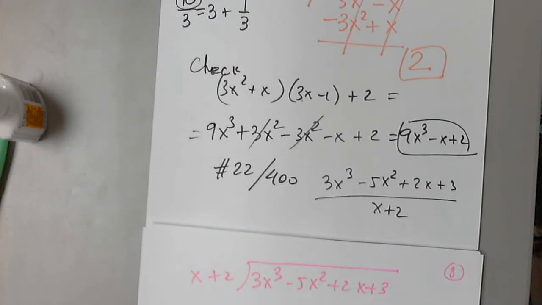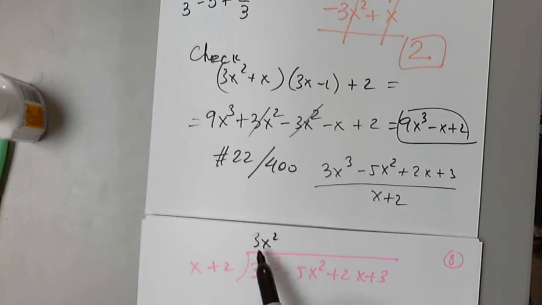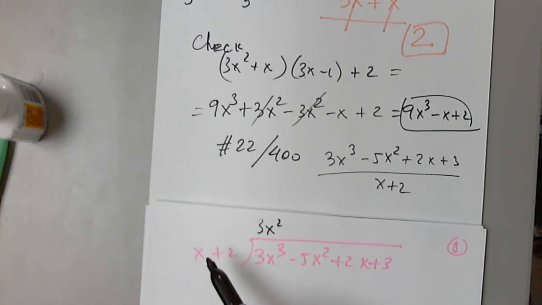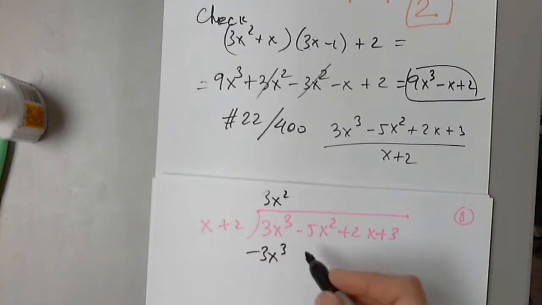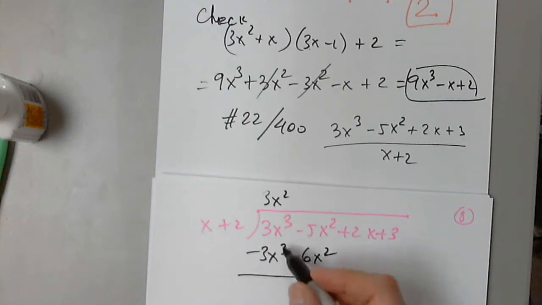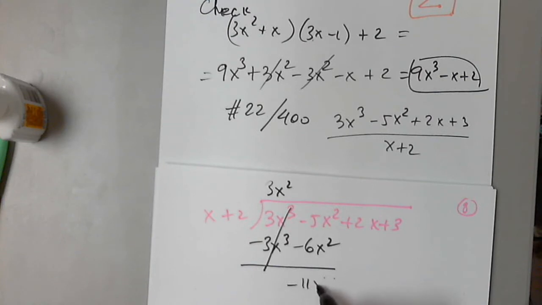Okay, so can anyone give us the first step? We have to multiply by x plus 2. So we say x times what is 3x cubed, and this is 3x squared. We go back and distribute. 3x squared times x is 3x cubed, so minus 3x cubed. 3x squared times 2 is 6x squared, minus 6x squared. Perform the operations we see.